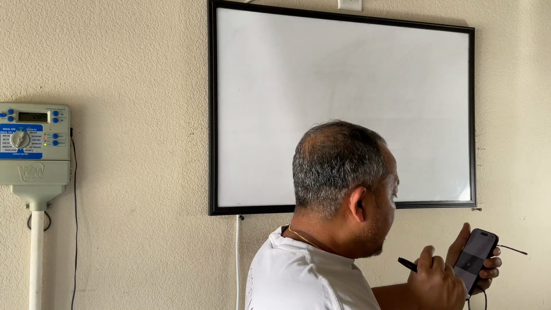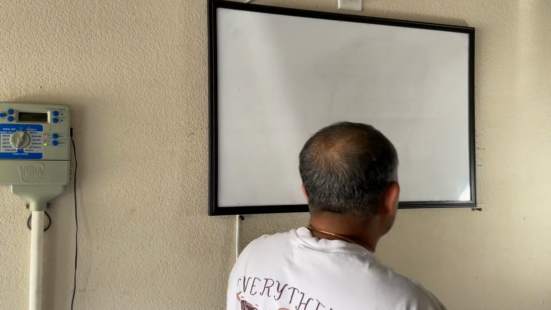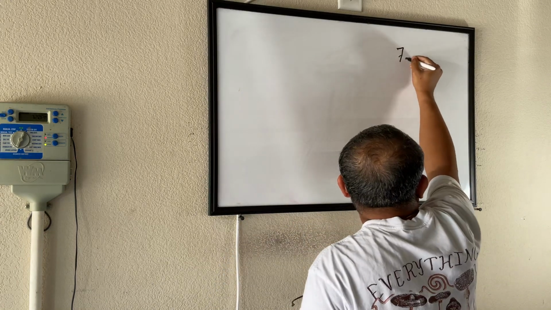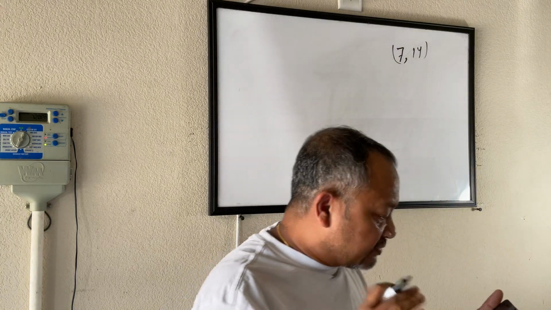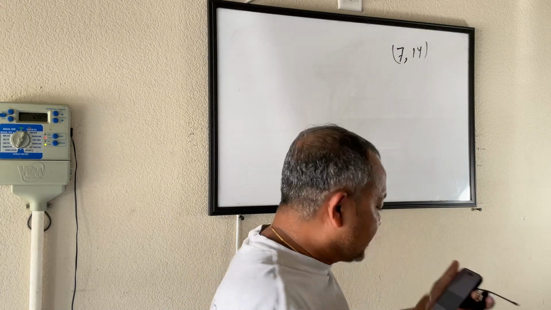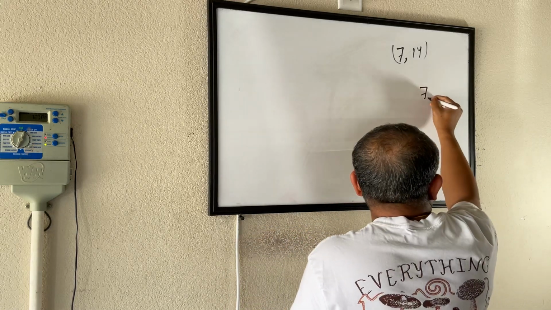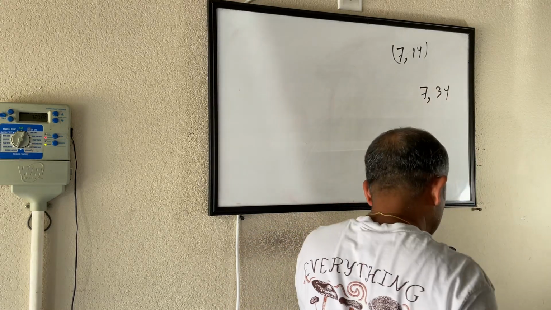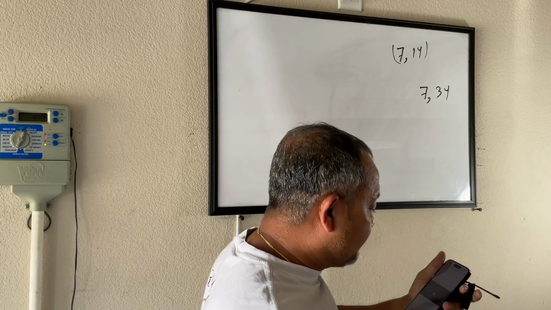It says a circle in the xy plane has its center at (7, 14). If the point (7, 34) lies on the circle, which of the following is the equation of the circle?